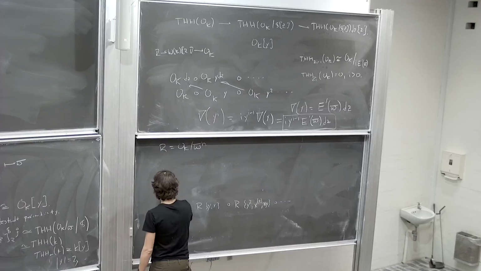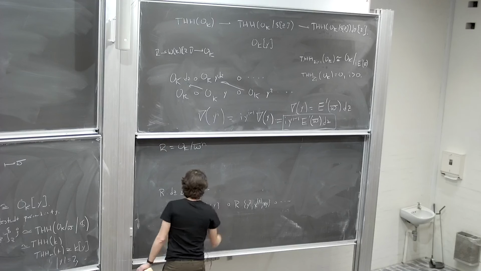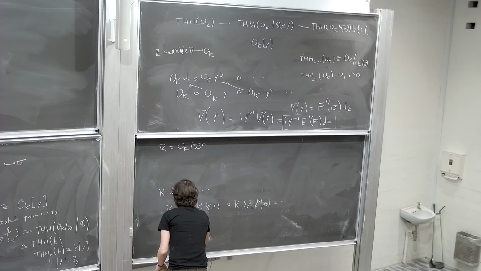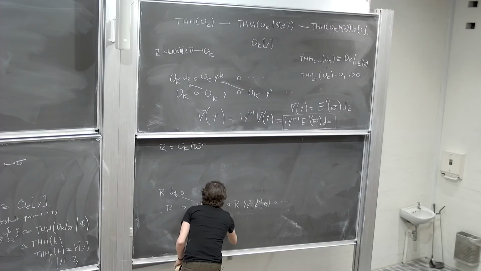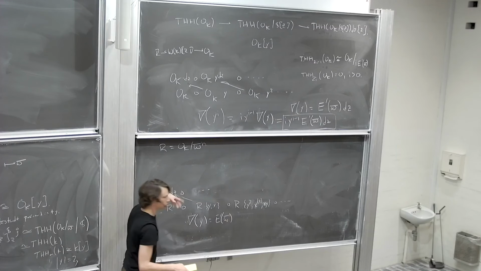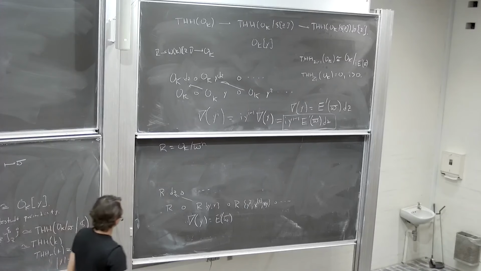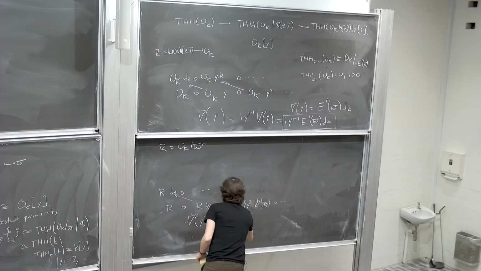And now I have R dz again, and again, I just have to figure out this first differential. Well, nabla of Y is the same as E prime of pi, but now, of course, it's living in this quotient ring R, so this could be much smaller, times dz.